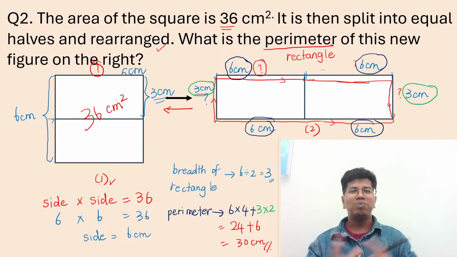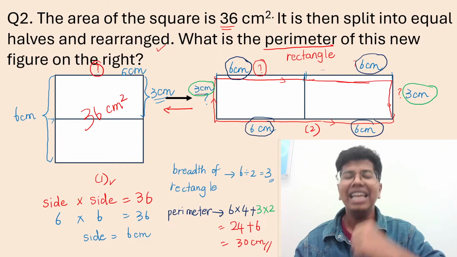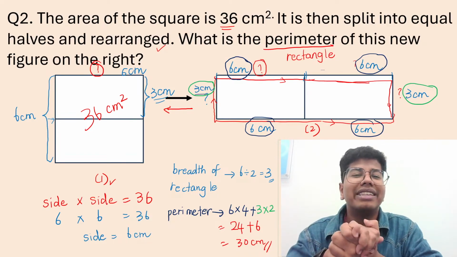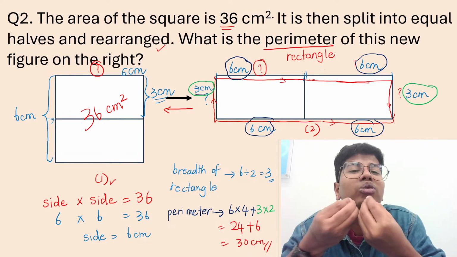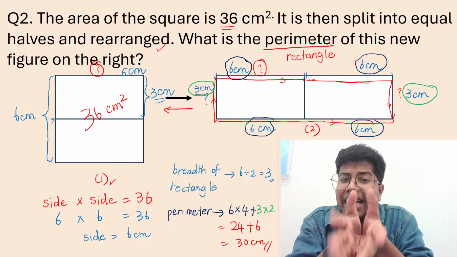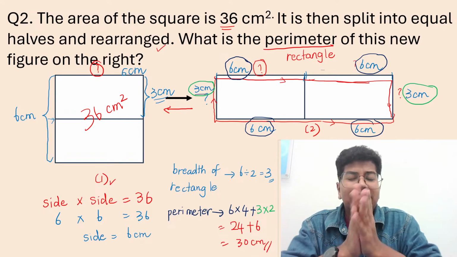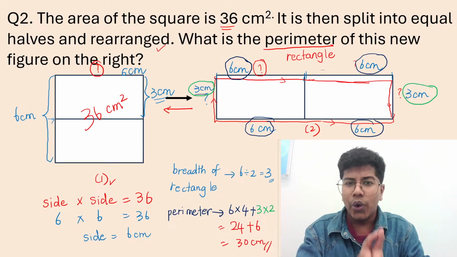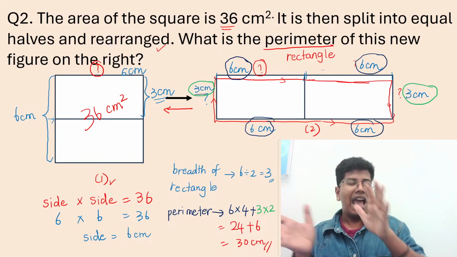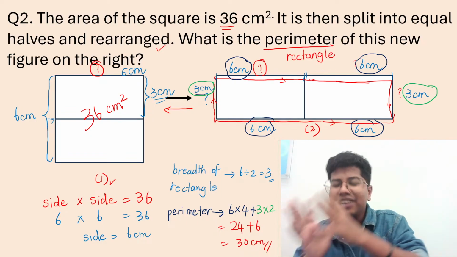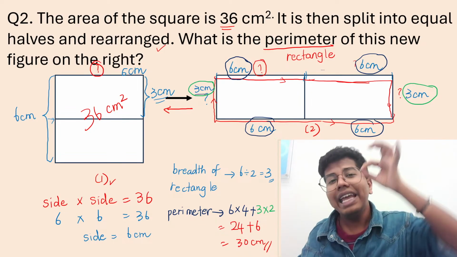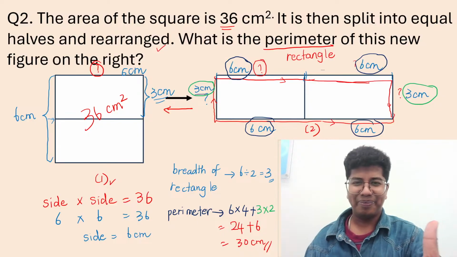So what we can observe from this question is, it's about the perimeter. But the most important thing is about finding out the side length. To get the side length of a square, from area we can find out the side. As normal, from side we can get area, but from area also we can find out side in a square.